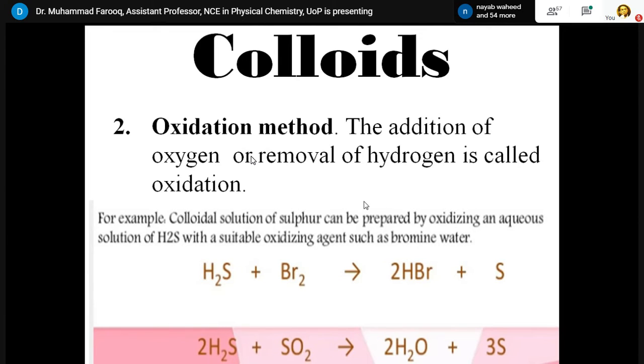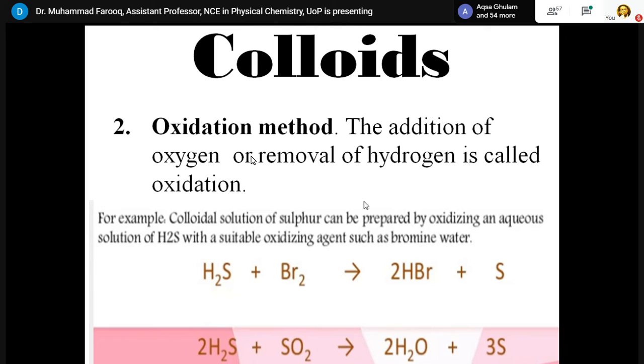You can see H2S, loss of, the addition of oxygen or removal of hydrogen. You can see H2S, so hydrogen is there with sulfur. You can see hydrogen has been removed and becomes zero valent. So this is also another method which is used to prepare the colloid of sulfur. Okay. So this is the second method. Again, H2S plus O2, oxygen. You can see again H2O is produced while sulfur is produced.